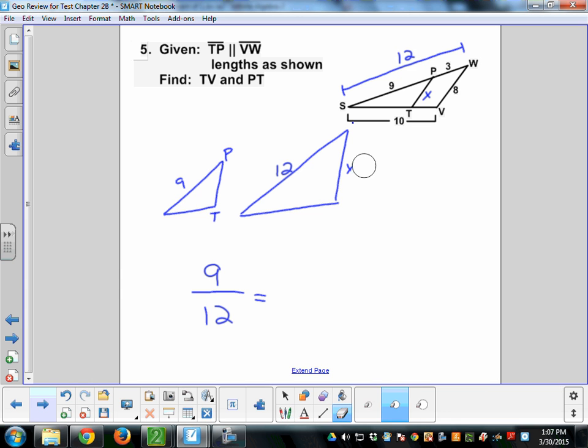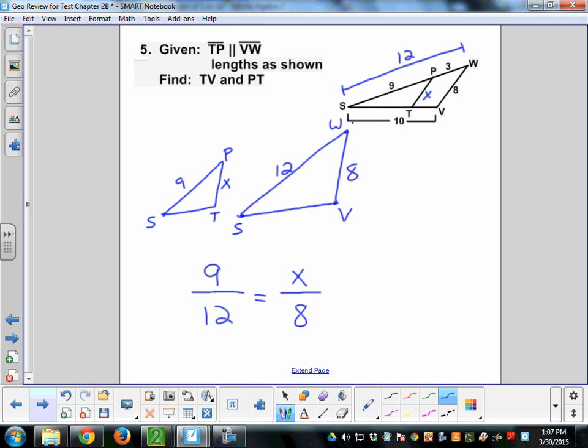PT's right there. It is a good idea to label your parts, or label your vertices. All right, it asks for PT. So if I just look at this situation, I have 9 corresponding with 12, and x corresponds with 8.